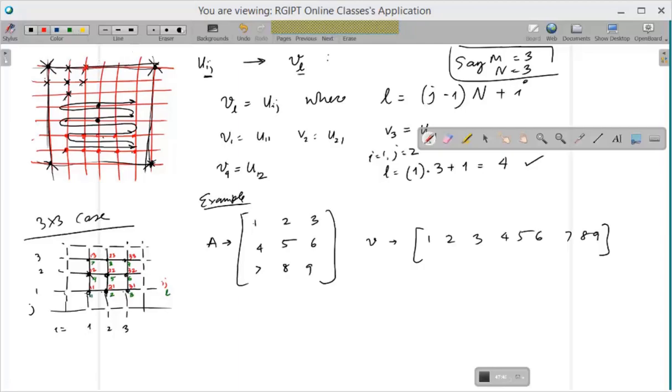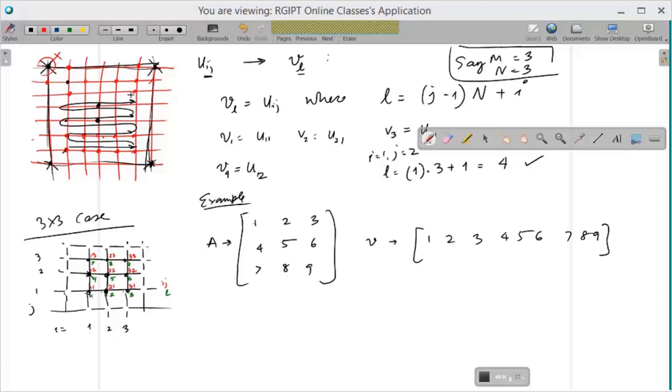What I'm saying is any interior point, for example, this one, is affected by this one, this one, this one, and this one. So this point does not play any role. Similarly, this point will be affected by this one, this one, this one, this one.